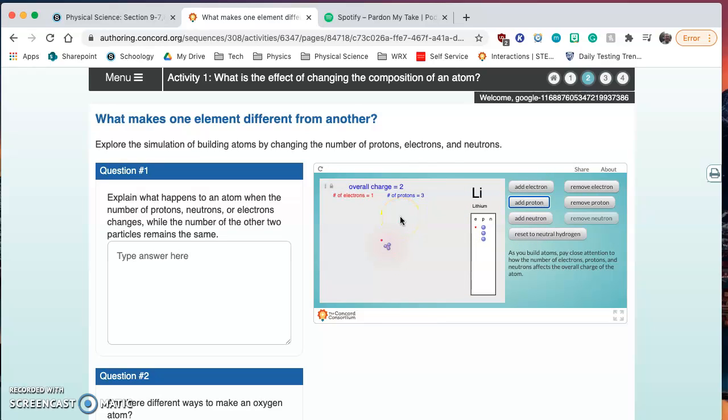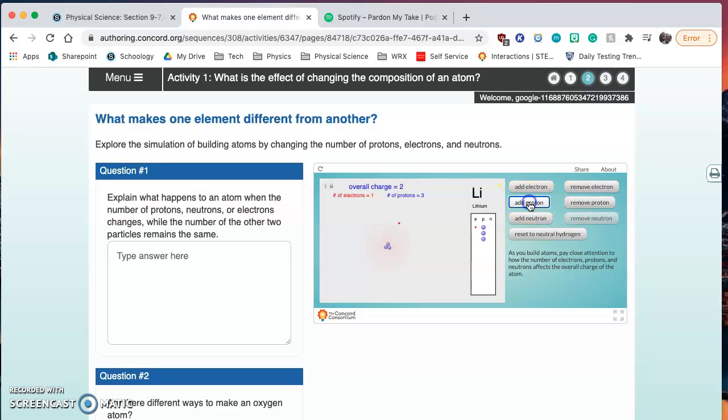What element is this atom of? And as I add a proton, I started with the protons because the proton, as you should have found, defines the atomic number, which defines the element. So if I have a different number of protons, I have a different element.